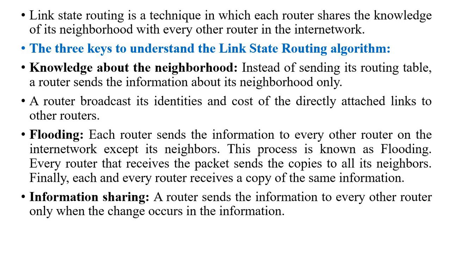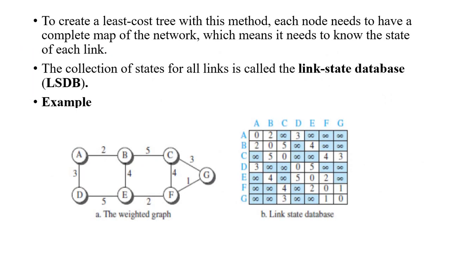Thus we are sharing the information. A router sends the information to every other router only when a change occurs in the information. If it already has the shortest path to the neighbors, there is no need to update. But if there is a chance to update the table, then it will update the table.